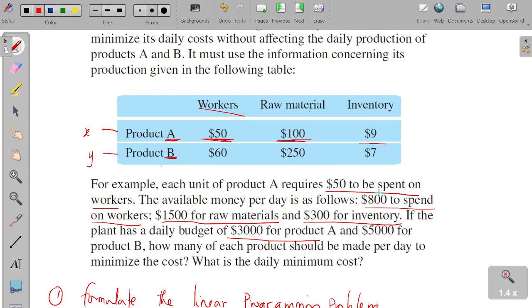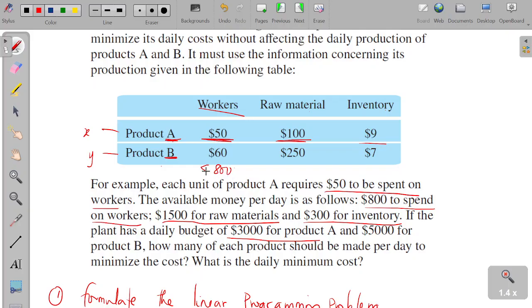Now, if you read the question, we are supposed to have a limitation on these. So let's read it to know the limitation. $800 to spend on workers. So the money to spend on workers is 800. And because that is the total available to spend on workers, it cannot be greater than 800.